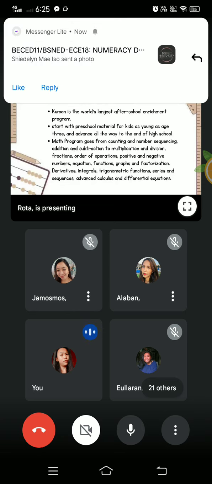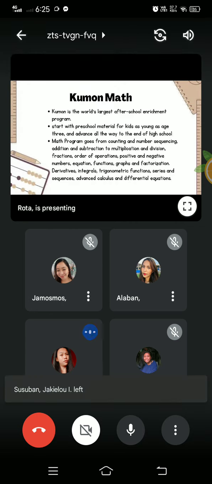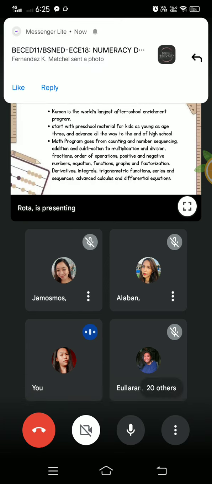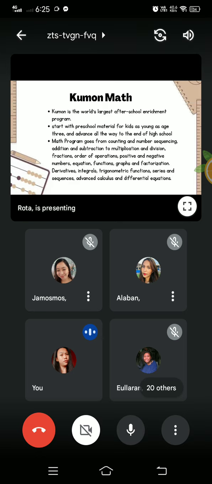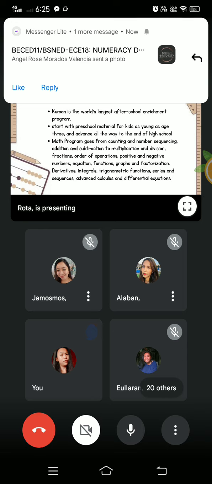So this Kumon math is designed to allow students to advance by self-learning. There are times when students encounter problems in this program that they don't understand or are unable to solve on their own. For example, the instructor gives them a worksheet, and they are not able to understand and solve the problem on their own.